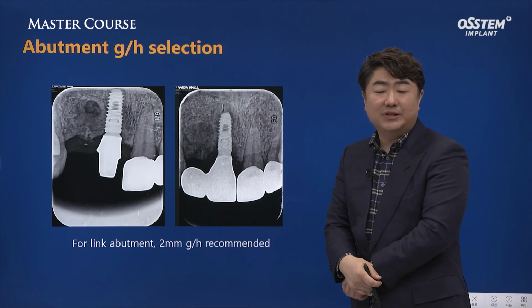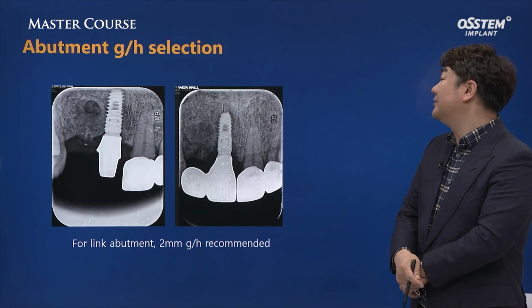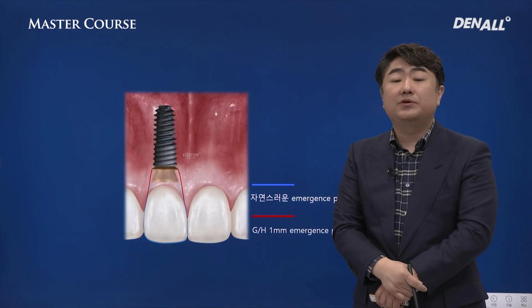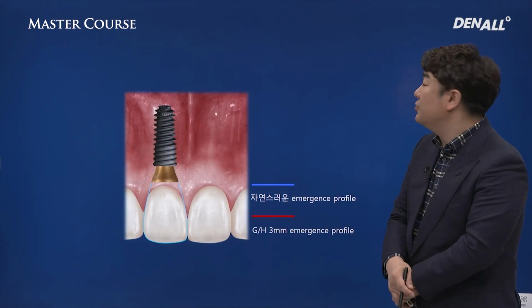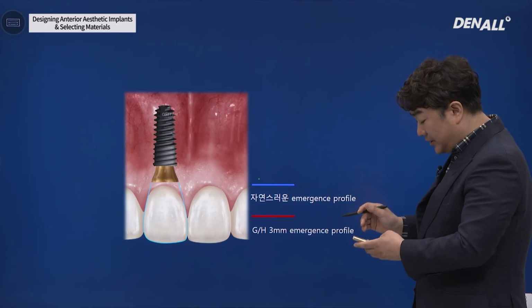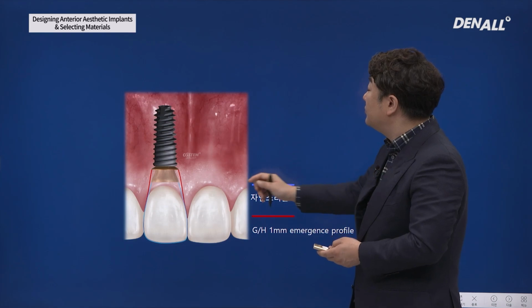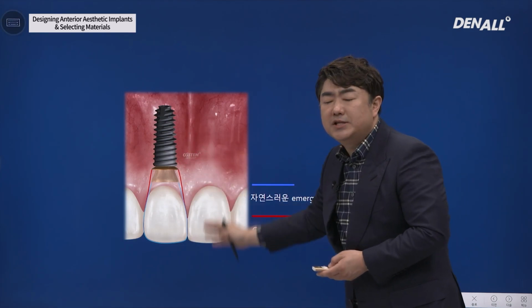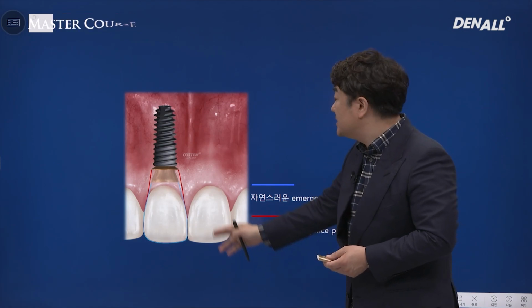If you look at the X-ray image, looking at the link abutment, 2 millimeters are recommended. If you are to use a stock abutment, if you use a short abutment, it's the same as the link abutment. If you choose a short abutment, you get more room to design.